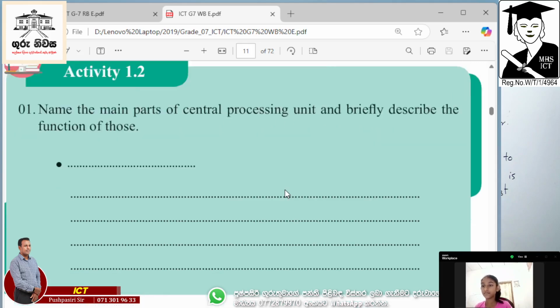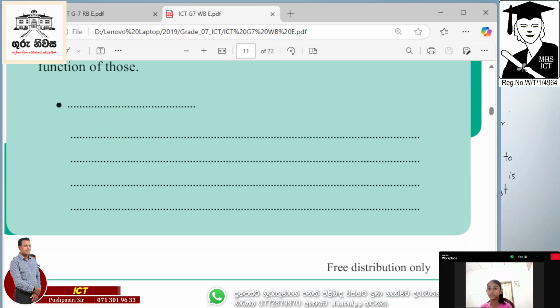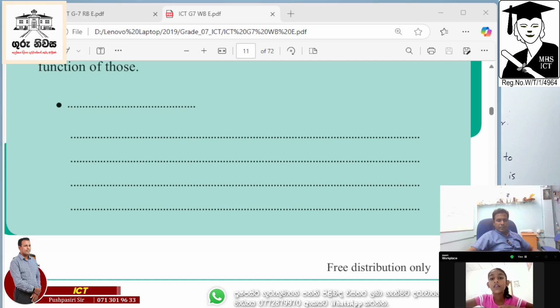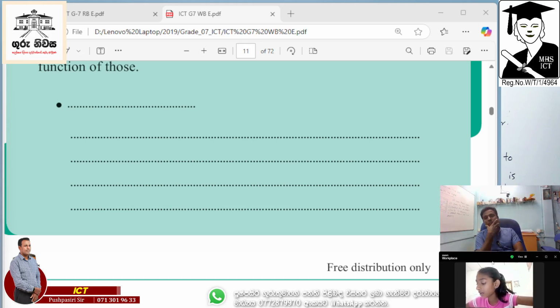Right. So can you read it to me? Okay, sir. ALU: mathematical and logical operations in the computer. CU: it controls all the hardware of the computer. It also sends the data to the right place at the right time.